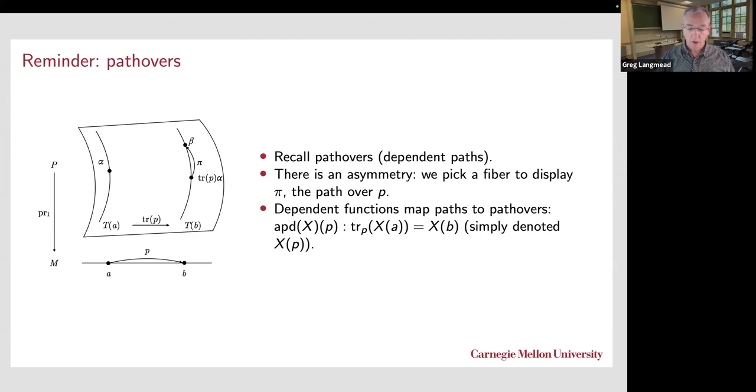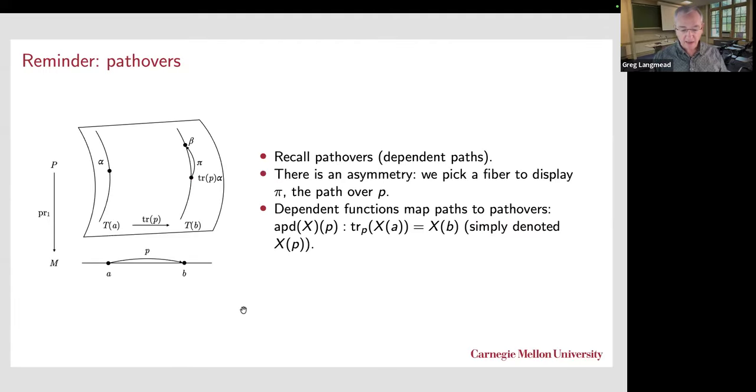Okie doke. So where we have sections, we have pathovers. Let's remind ourselves real quick about pathovers, also called dependent paths or path over with a space between the words. There's an asymmetry in their definition.